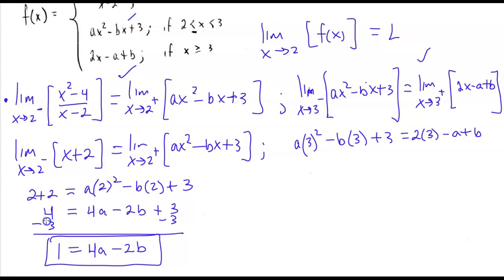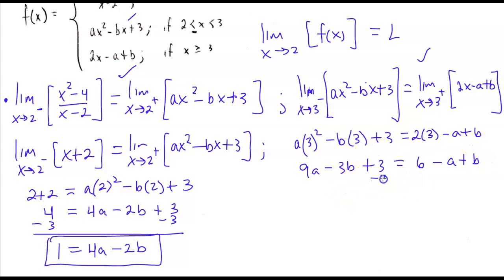And so what you're starting to see now is that I have one equation where I have two unknowns. So if I want to know what a and b are, I'm going to have to know a second equation with two unknowns, and I'll get that from here. So this will be 9a minus 3b plus 3 equals 6 minus a plus b.